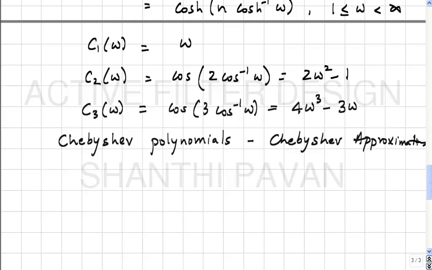Quite logically, a filter with this characteristic is called the Chebyshev filter, also called the equiripple approximation. Why equiripple? The magnitude of the ripple remains constant.